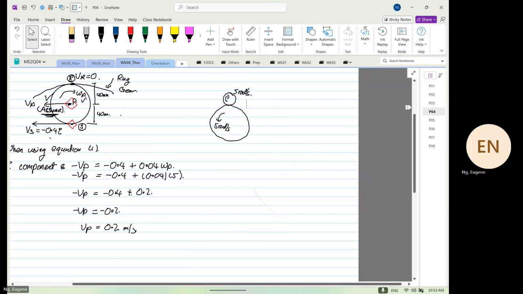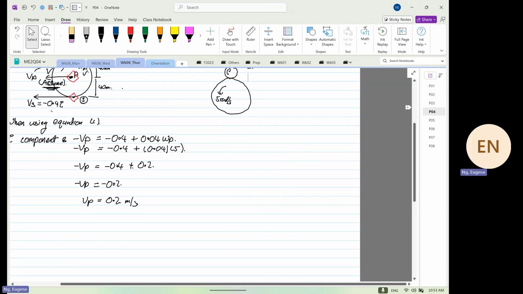Okay, good point. I want you to do this. Eugene, check the validity when planet and sun gear are the same angular velocity.